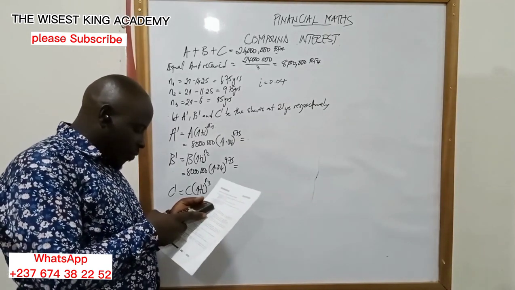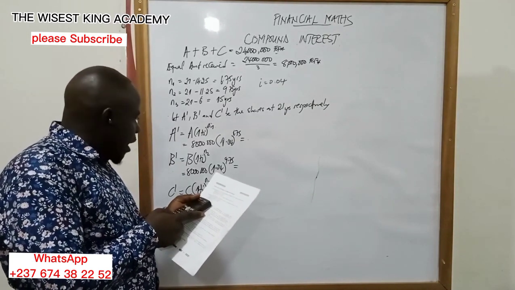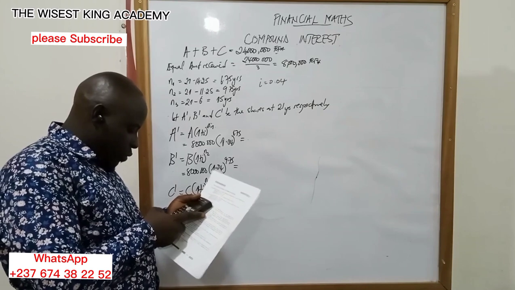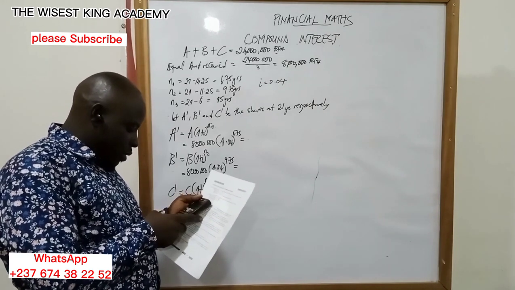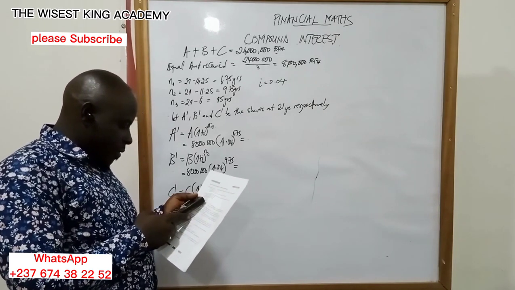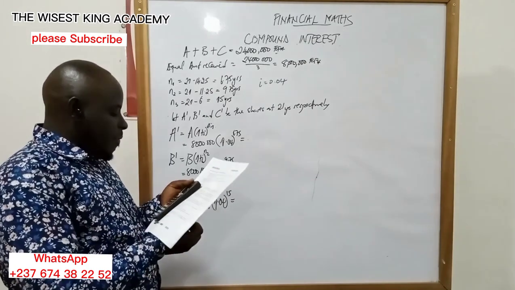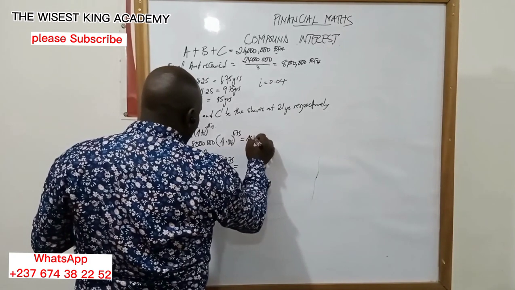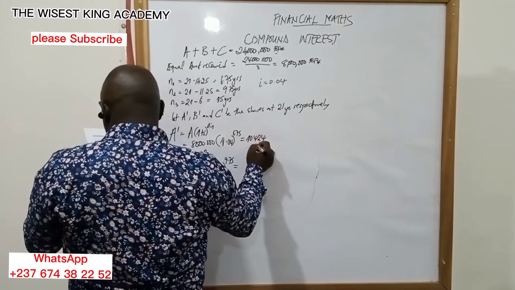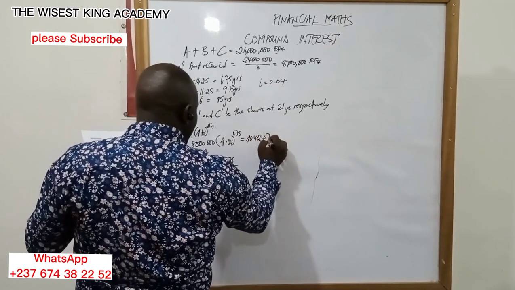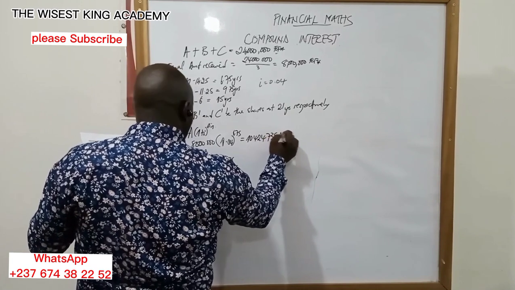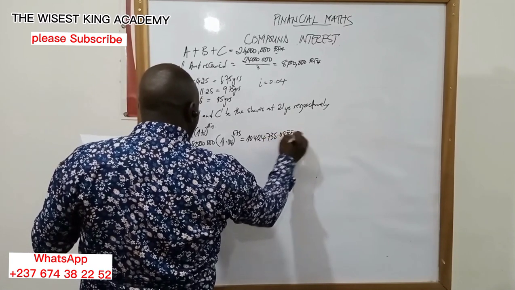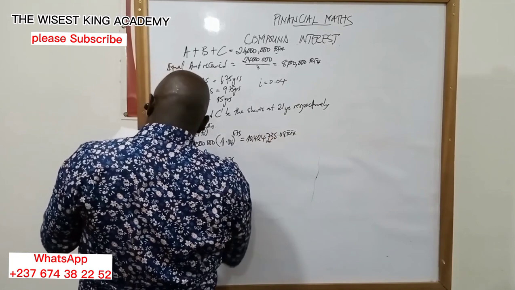8 million times 1.04 raised to the power 6.75 is 10,424,735.08. This is what the first child received at 21.